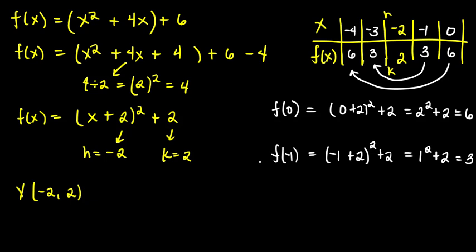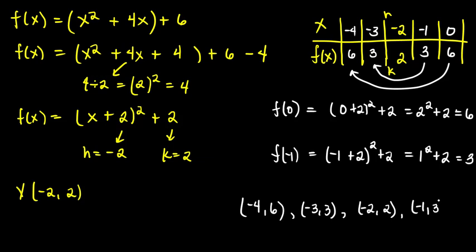So now we have the 5 points. We have negative 4, 6. Then we have negative 3, 3. We have the vertex negative 2, 2. And the other points negative 1, 3, and 0, 6. So we need these points to graph our function.